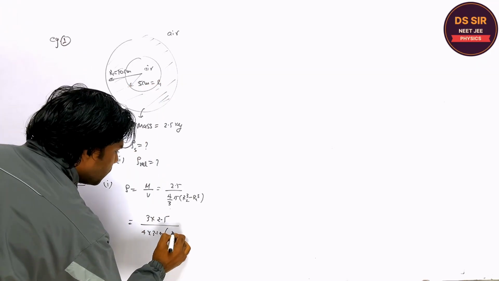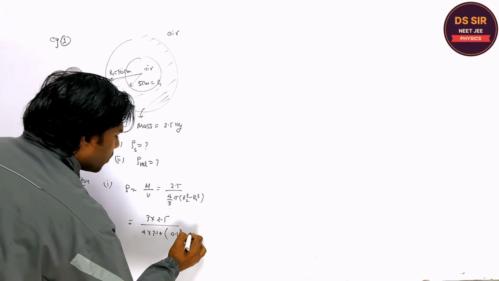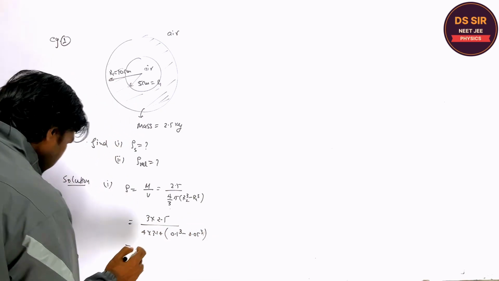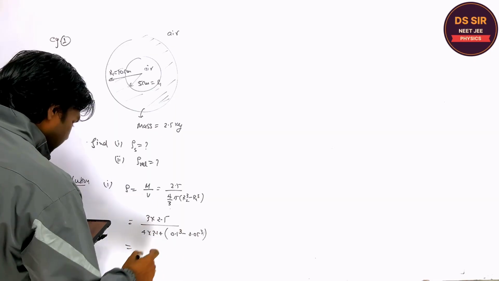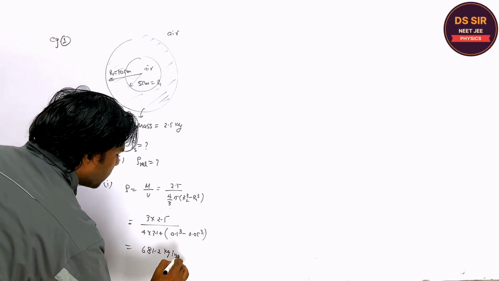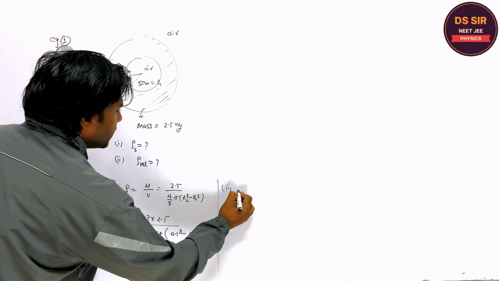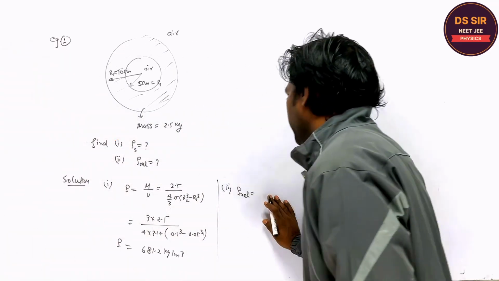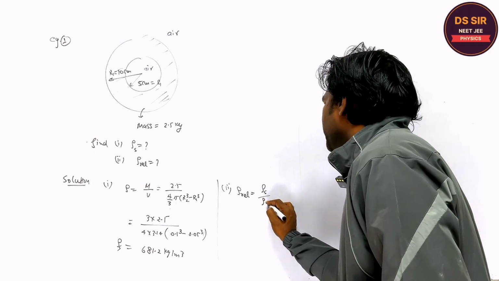So r2 is 0.1 because it is 10 centimeter, and r1 is 0.05 cube, right? When you solve all this, you will get the density 681.2 kilogram per meter cube. So this is the density. And what about the second part, the relative density? That means the density with respect to water we have to find. The density of the solid divided by the density of water.